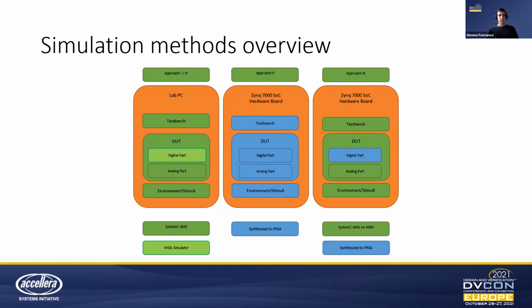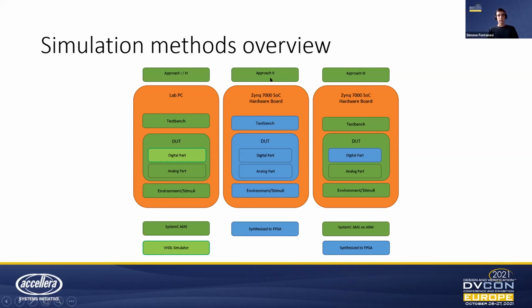And the test bench and the stimuli checker, so for the pass-fail criteria, as well as the DUT analog part, are implemented in SystemC AMS language. And the digital part is written in VHDL and also simulated with a VHDL simulator.